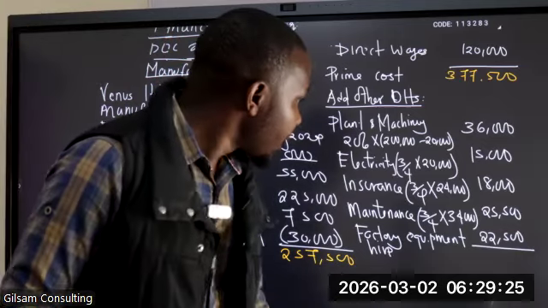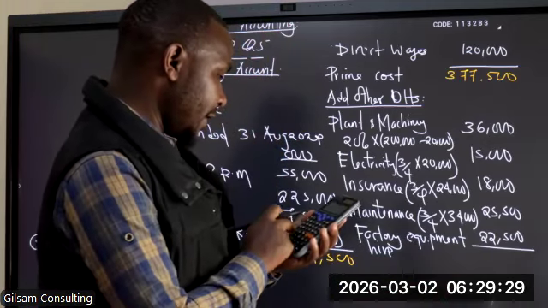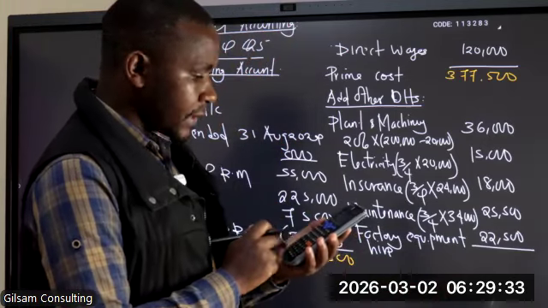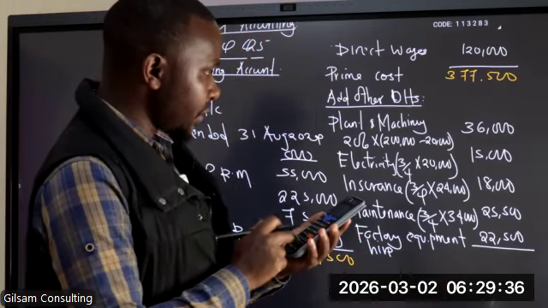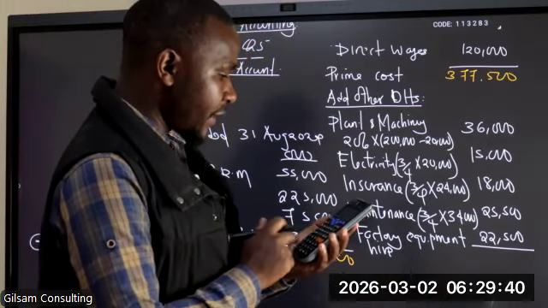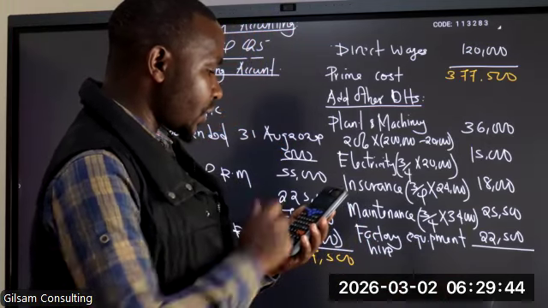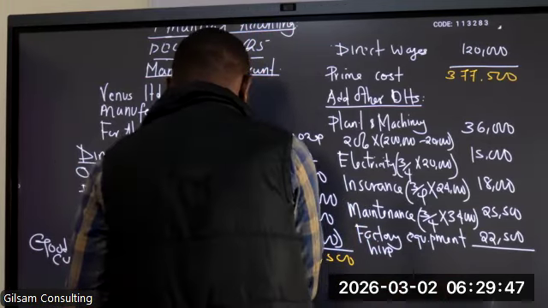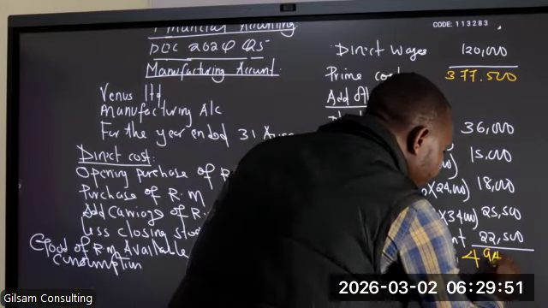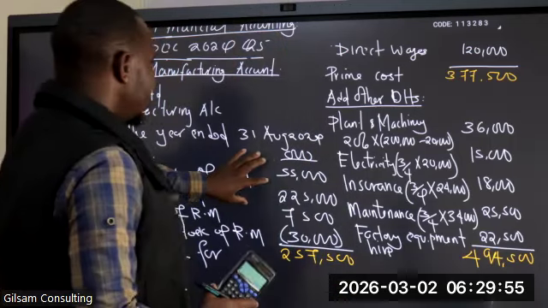So let's get the total cost up to this part. 377,500 plus 6,000 plus 15,000, 18,000, 25,500, 22,500 to give us a total of 494,500.